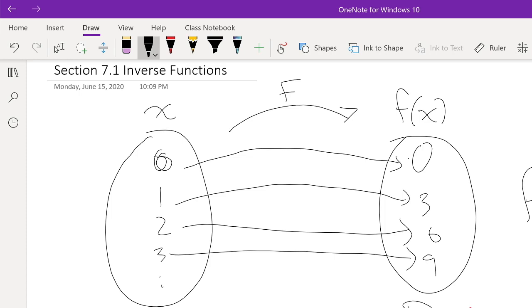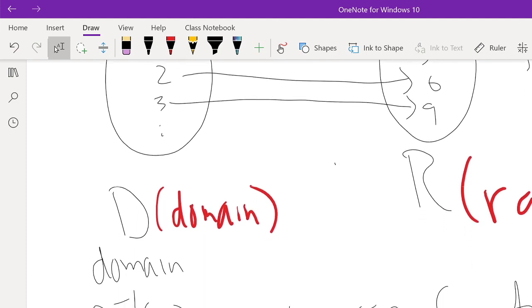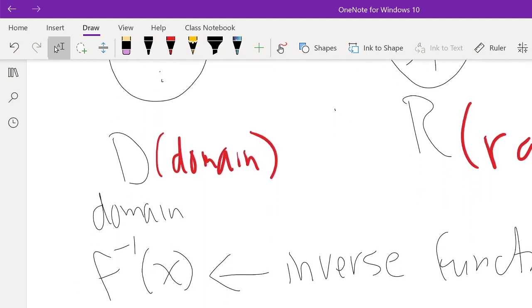Here we can see it checks out: 3 times 0 is 0, 3 times 1 is 3, 3 times 2 is 6, 3 times 3 is 9, etc.